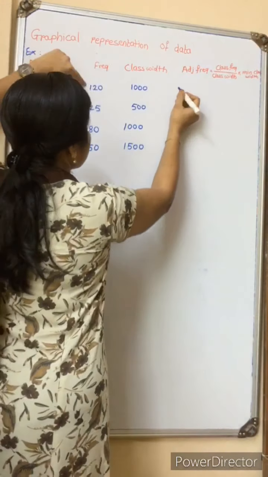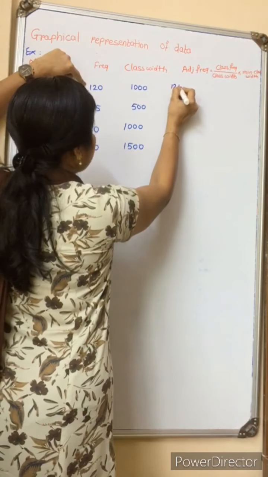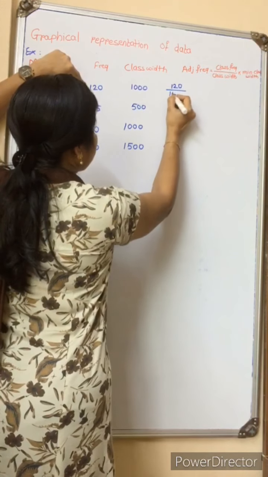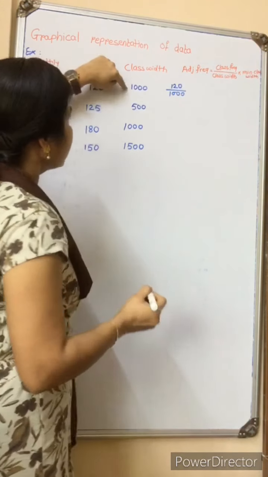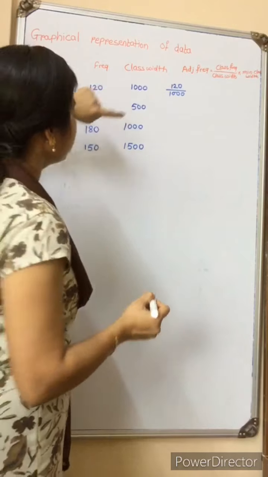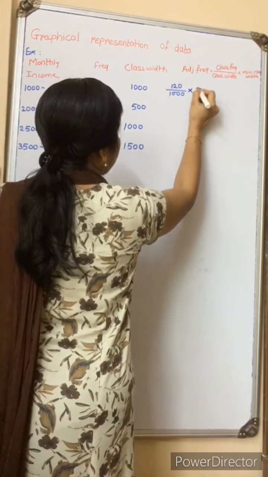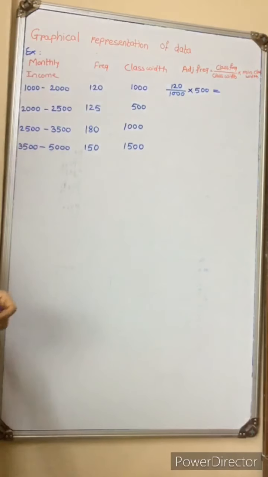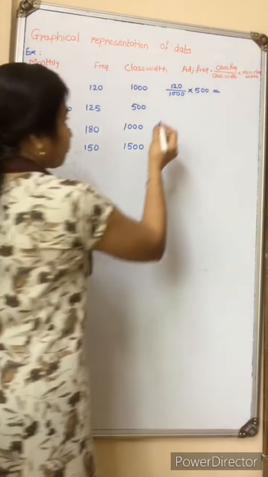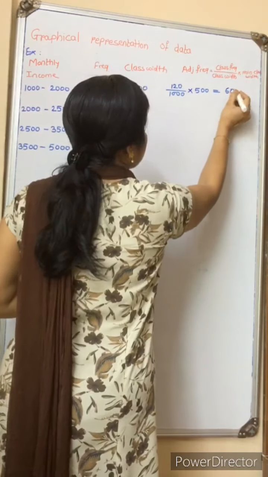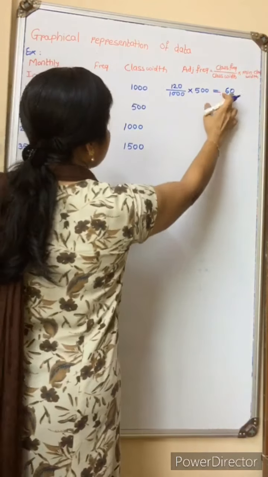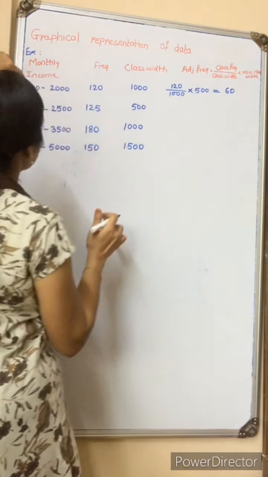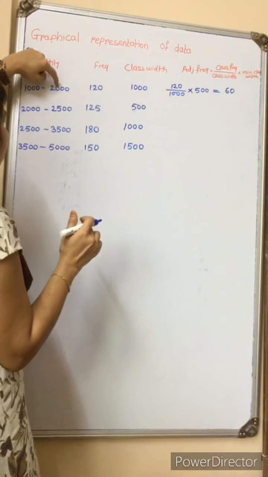Class frequency is 120 upon class width 1000, multiplied by minimum class width, which is 500. So you will get the answer. Now this is the adjusted frequency for the class 1000 to 2000.